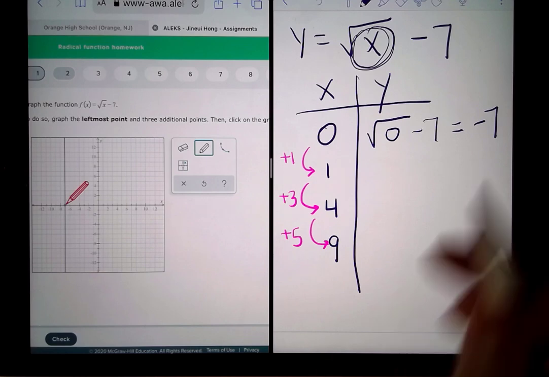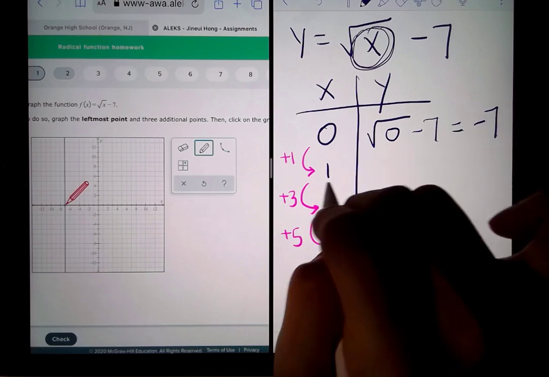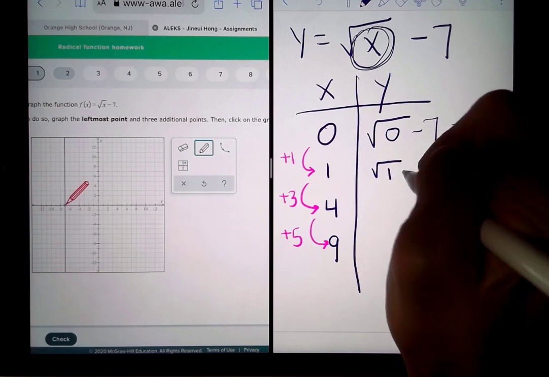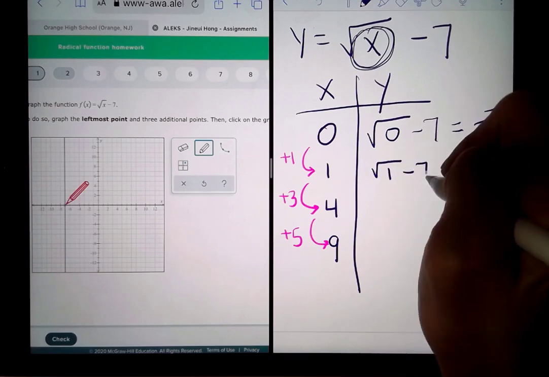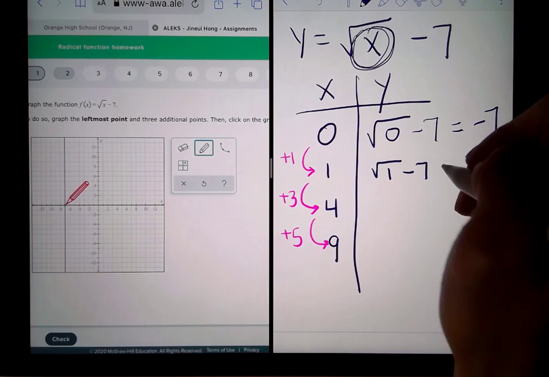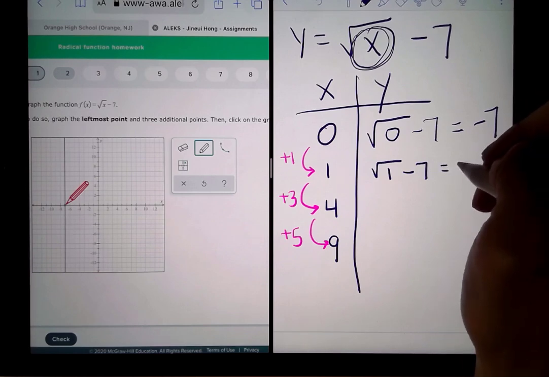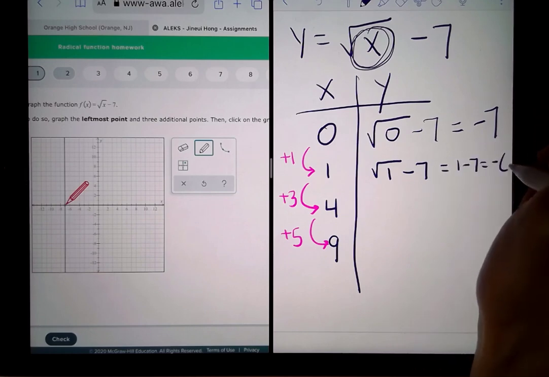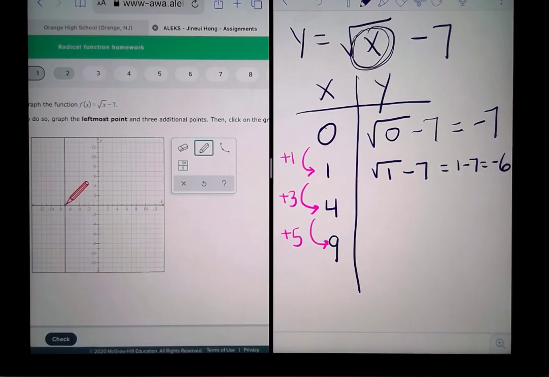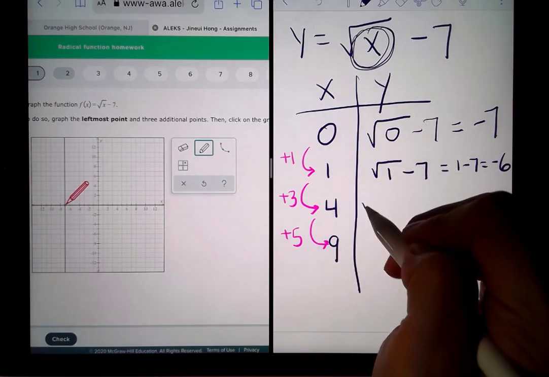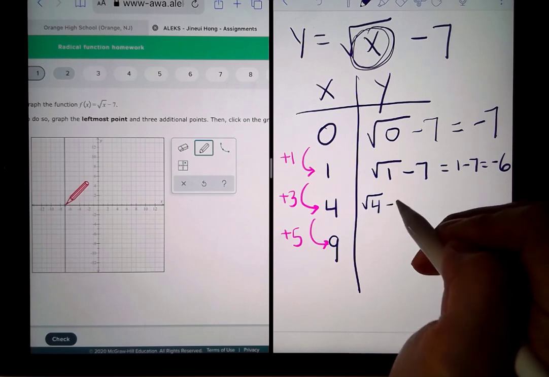All right? And then look, now I'm plugging 1 into my function. So square root of 1 minus 7. What's square root of 1? 1. So that's 1 minus 7, which is negative 6, right? And let's put the next one. If I put 4, then you get square root of 4 minus 7.